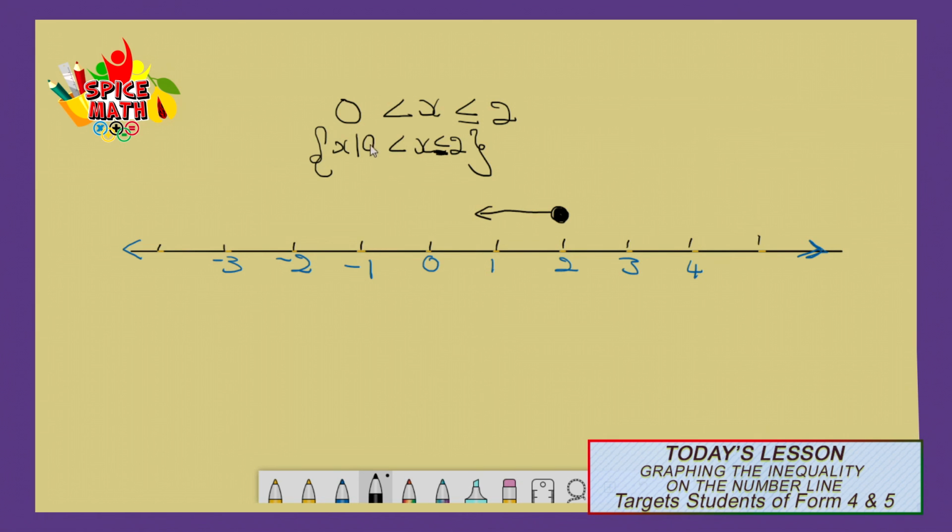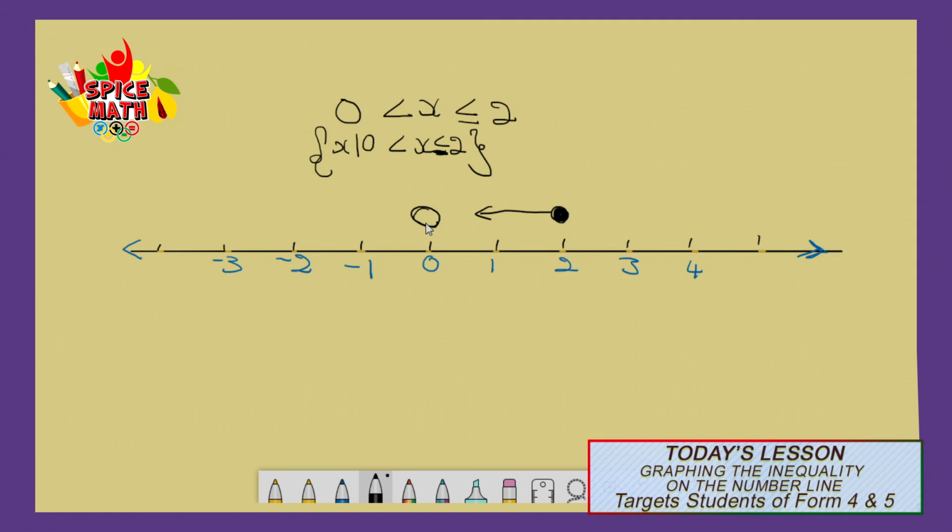Here we have 0 is less than x, or x is greater than 0. But the point is, we need to identify 0 on the number line, and here it is. But because x is not equal to 0, we're going to create a clear circle. Do you like my circle? I could have done better.